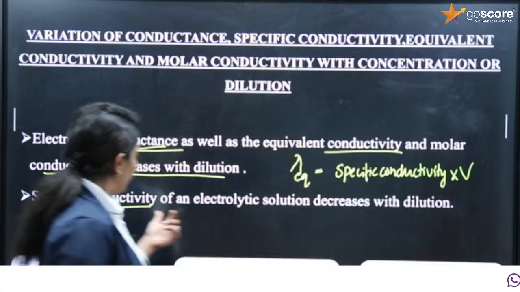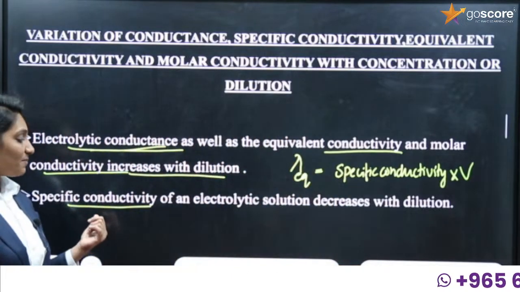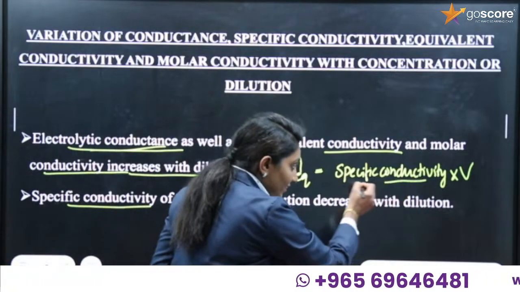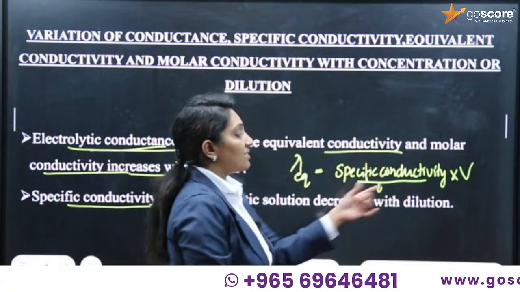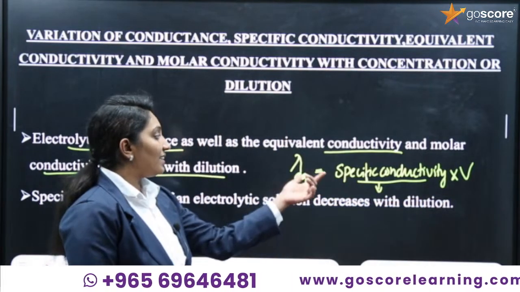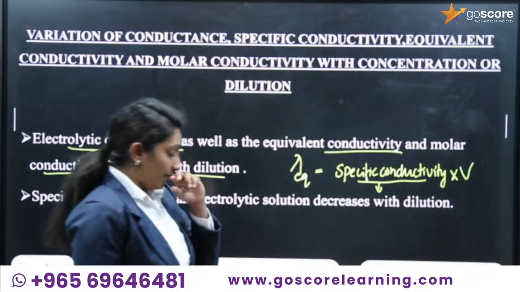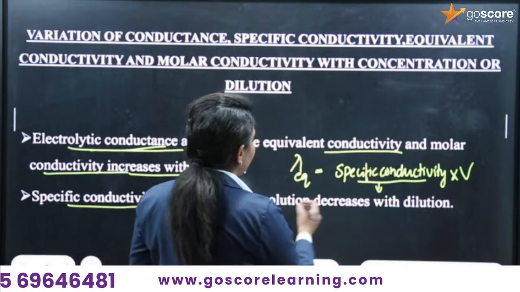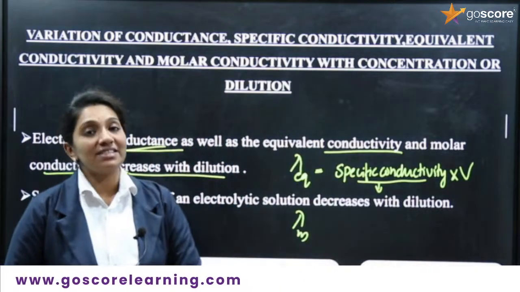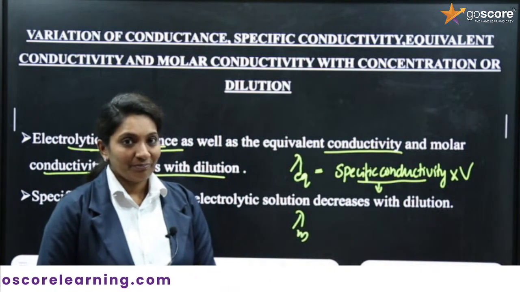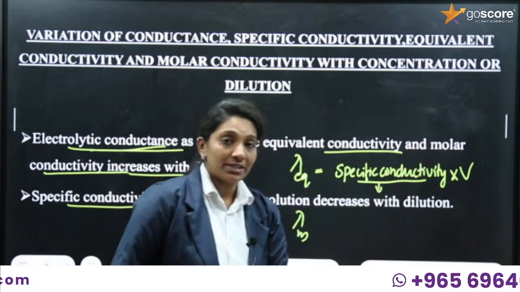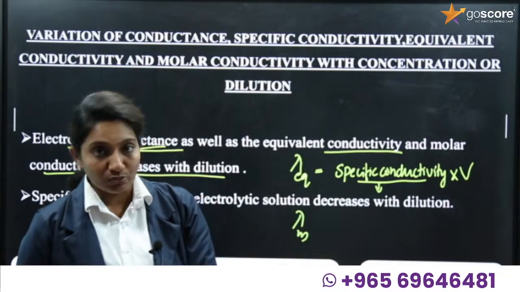So here in the second line we have mentioned the specific conductivity is decreasing, but this decrease in the specific conductivity is compensated by the increase in the volume. That is the reason the equivalent conductivity as well as the molar conductivity is increasing with dilution.